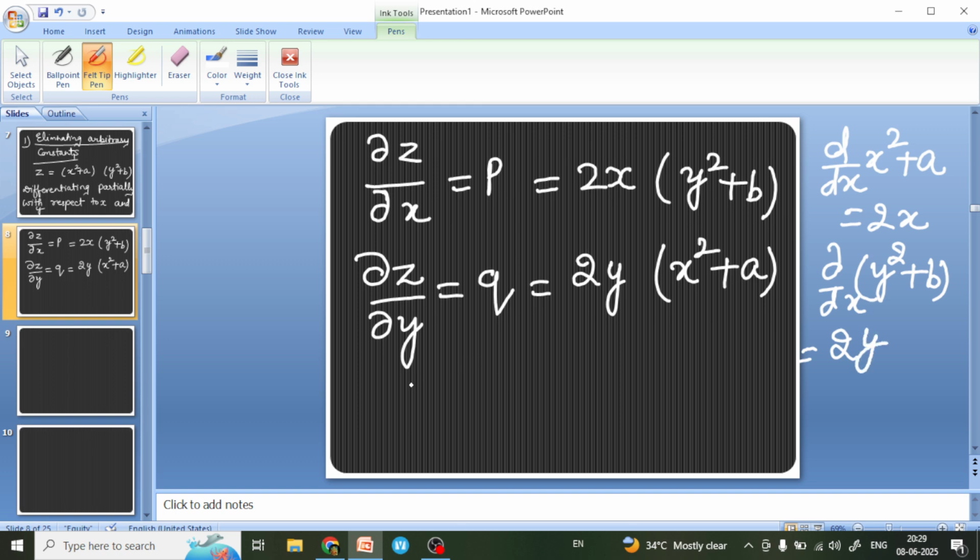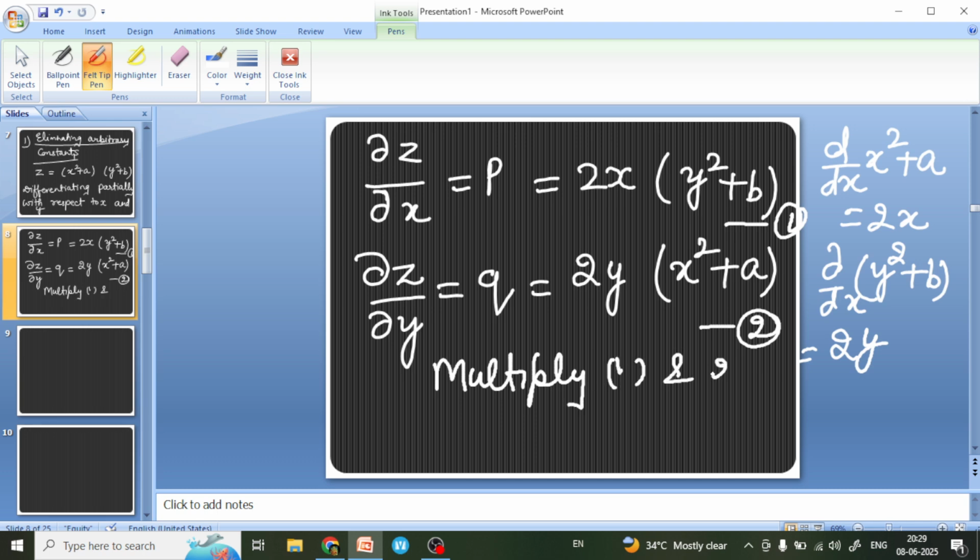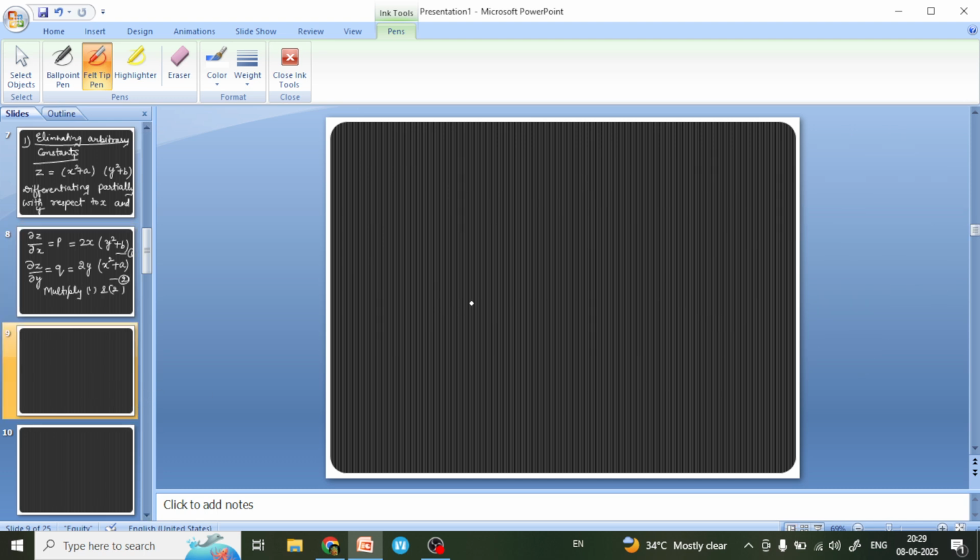Now after this we take the first equation and second equation, and multiply them with each other.